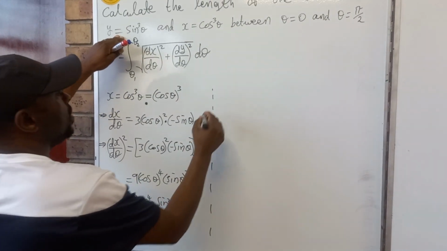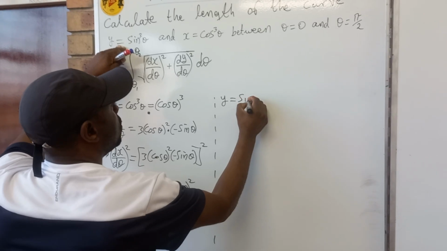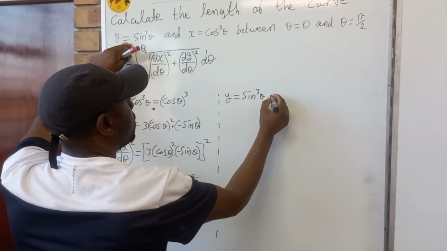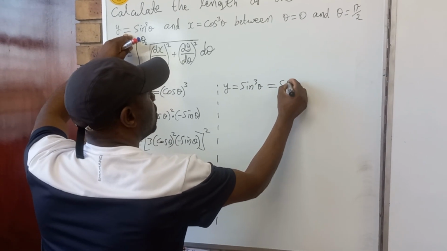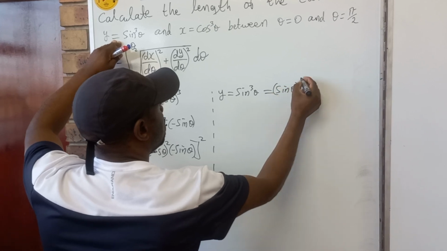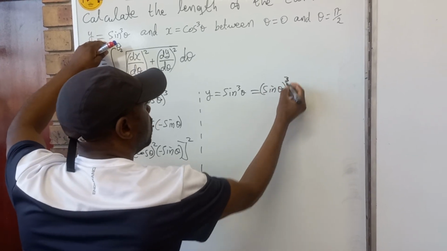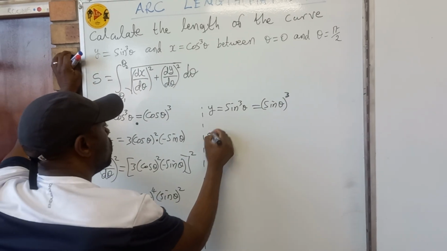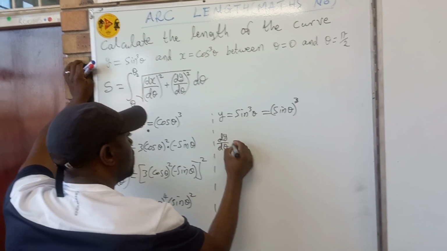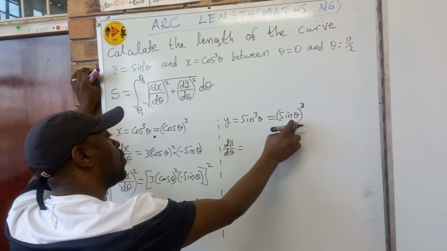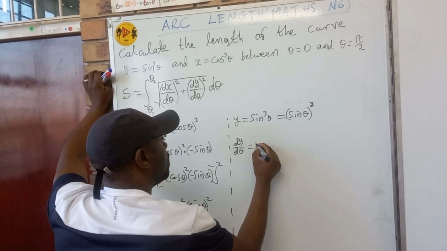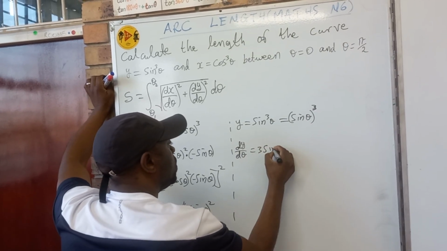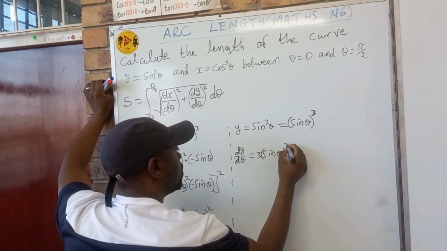So y is equal to sine cubed theta, which I must understand as sine theta all cubed. Then I follow the same procedure as I did for x. So dy over d theta is the chain rule. If you differentiate the outer function, you get 3 sine theta all squared.